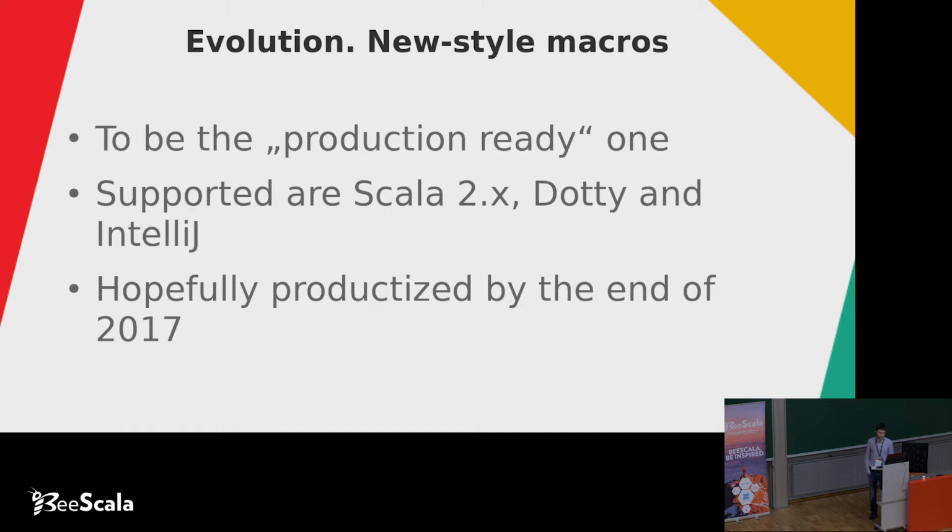That will be really nice. Now Scala Meta is under the wing of the Scala Center. The nice benefits are that Scala 2.x will be supported, Dotty, and IntelliJ. Finally, we will get some IDE support for macros. Let's wait for the end of the year. Just 1 month left. Fingers crossed.